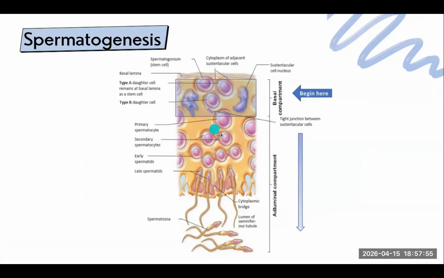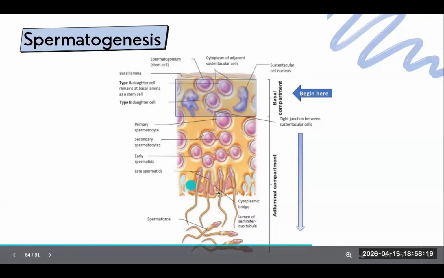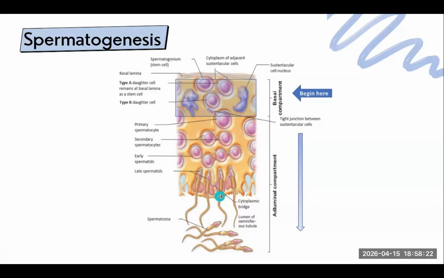It will move into the adluminal compartment and it's going to continue dividing. Meiosis 1 will transform it from primary spermatocyte to secondary spermatocytes. And then when it goes under meiosis 2, it's going to form the early spermatids, the round spermatids. And the spermatids are going to undergo spermiogenesis, and they will give us mature spermatozoa or sperm-looking spermatids. Okay.